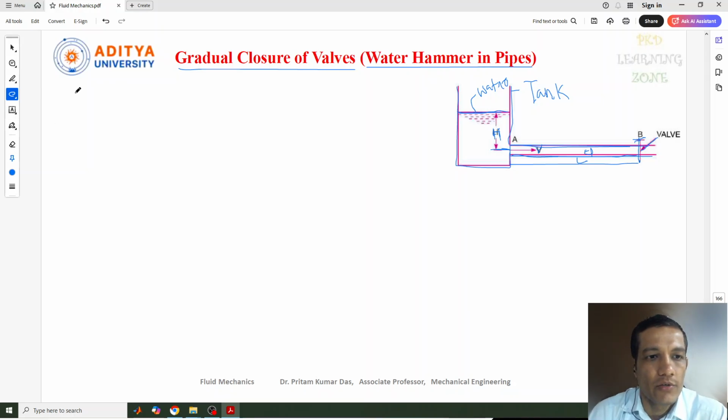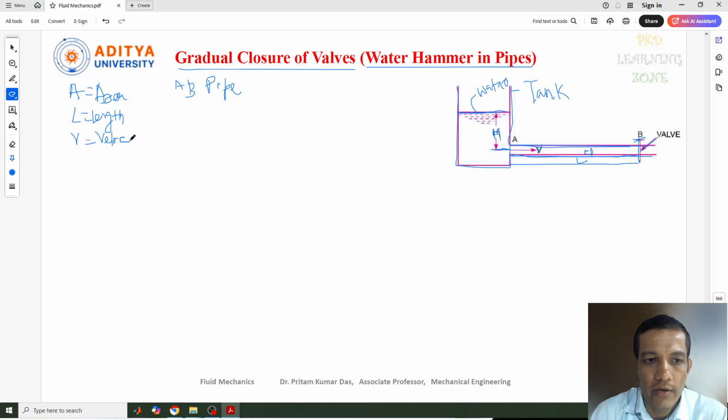First, A is the area of the pipe AB. L is the total length of the pipe AB, and V is the velocity of the fluid flow through the pipe AB.